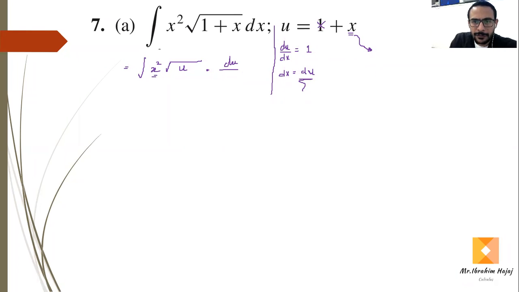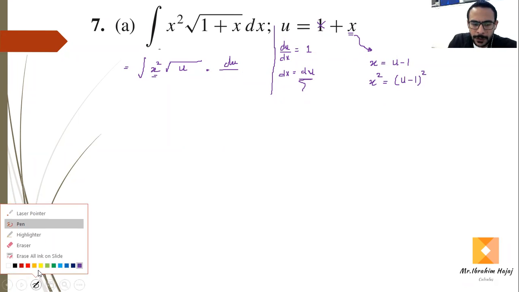You can find the x and square the two sides. The x only equals u minus 1, if you solve this equation for x. And x squared equals u minus 1 all to the power of 2.